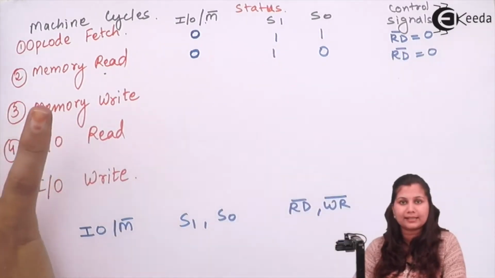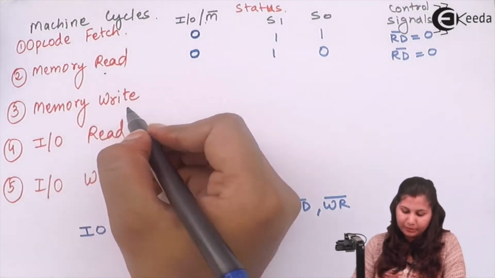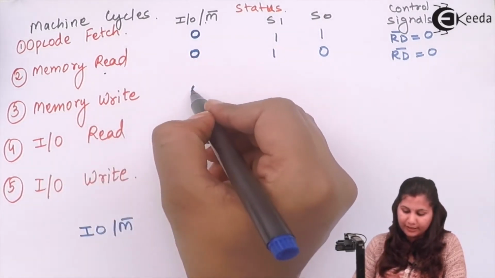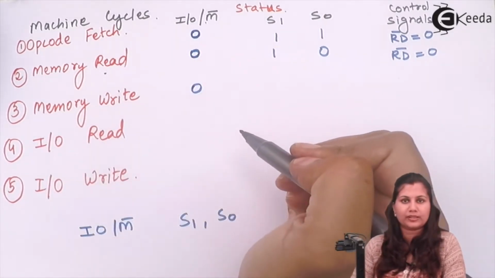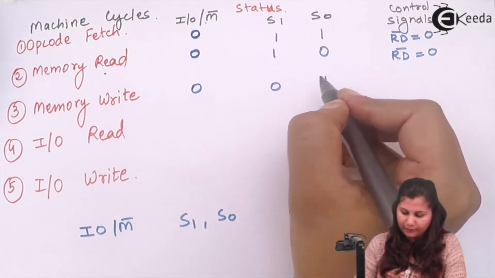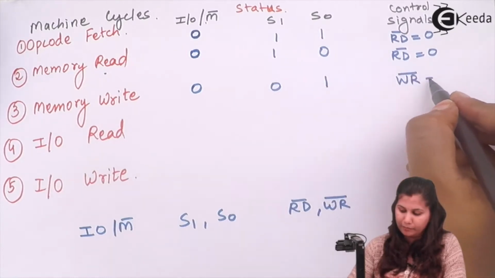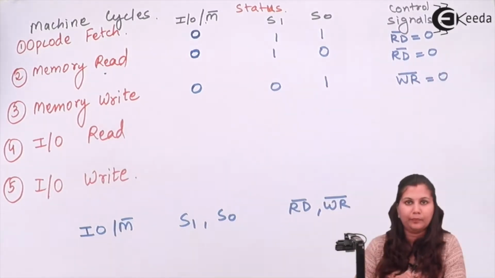Bar means that the signal is active low, that is, it is active when its value is 0. Then memory write, so it is again a memory operation, so its value will be 0. S1 and S0 will be 0 and 1. It's a write operation, so WR bar is active.